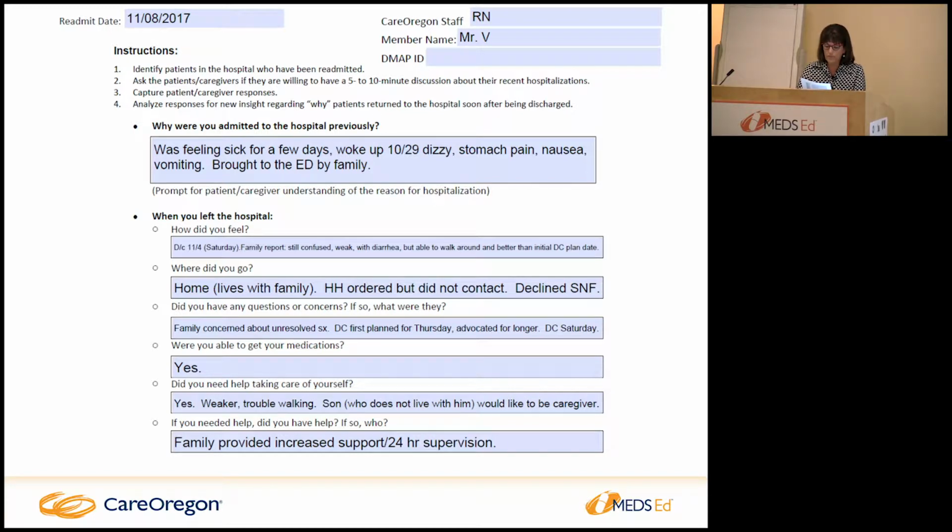Did you need help taking care of yourself? Yes. He was weaker. He had trouble walking. The son who does not live with him was having to come and help; they were having to provide 24-hour care. The family increased their support to 24-hour supervision. When did you start to not feel well again? The day of discharge. He never felt well.